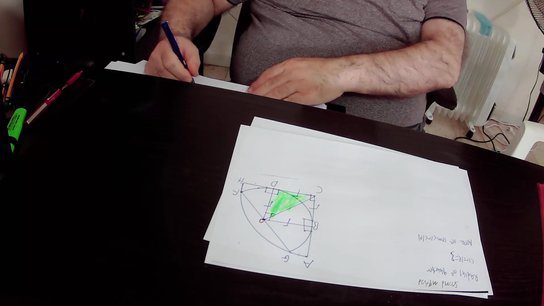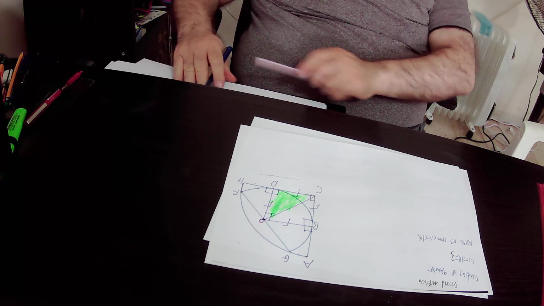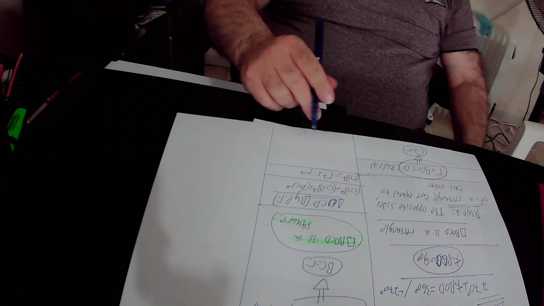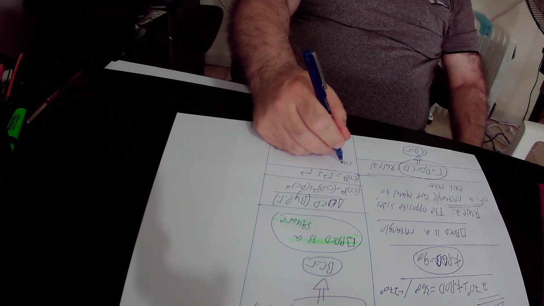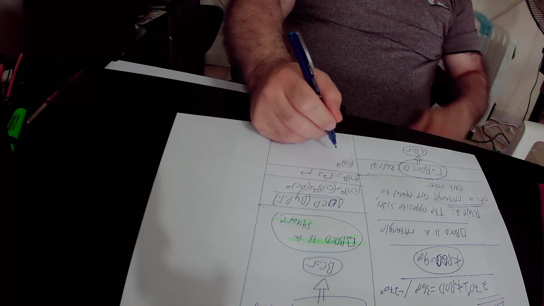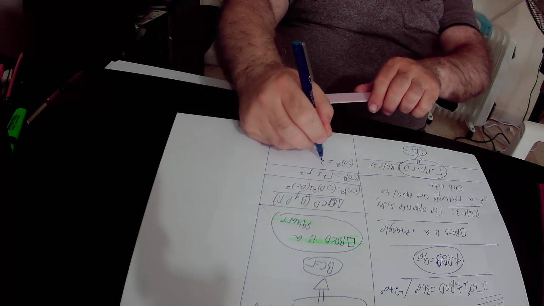So in conclusion, we found out that CO squared equals R squared plus R squared. That is to say, CO squared equals R squared plus R squared, which is 2R squared.